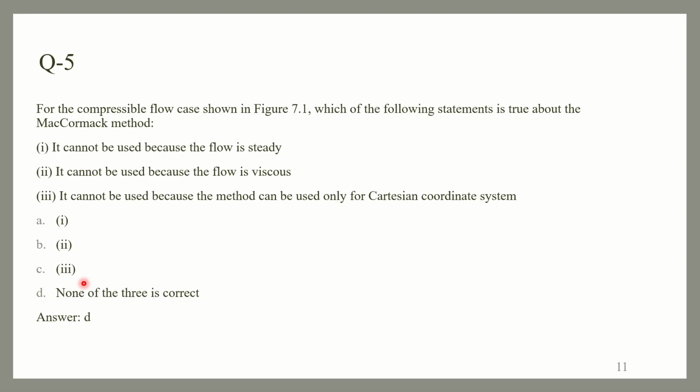So all three statements given in this slide are false regarding the McCormick method. So the answer to this question is option D, that is none of the 3 is correct.